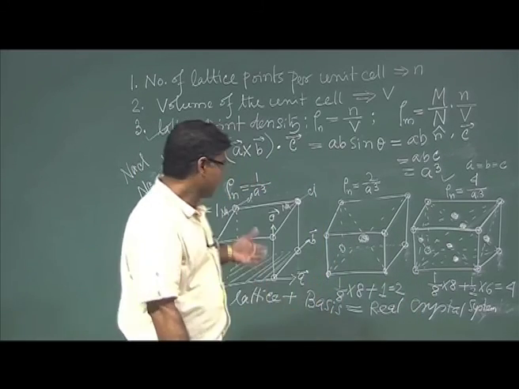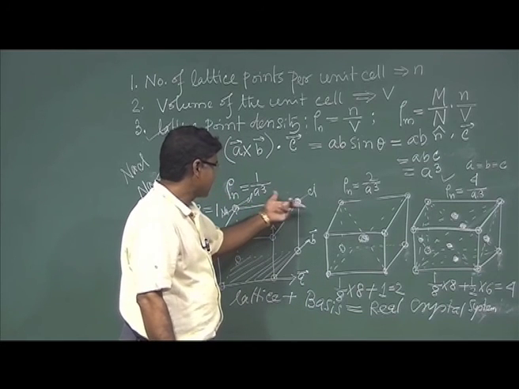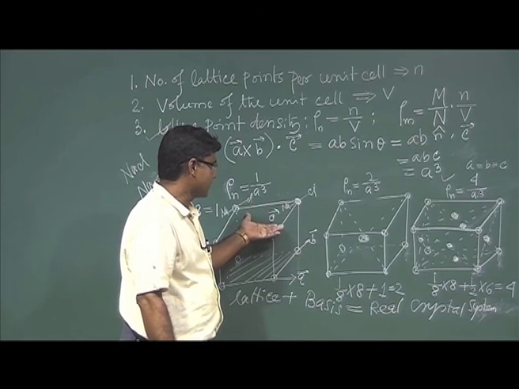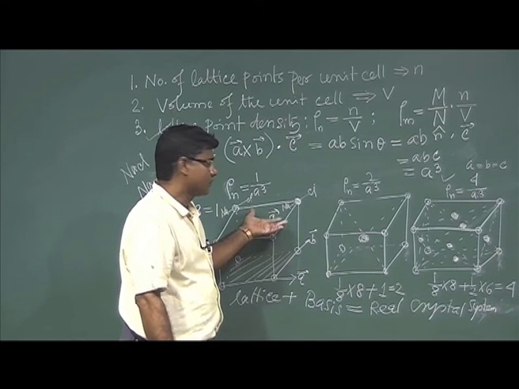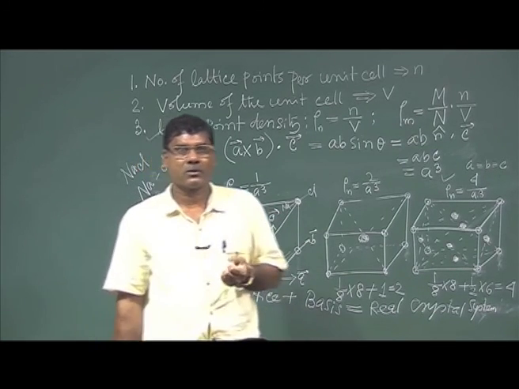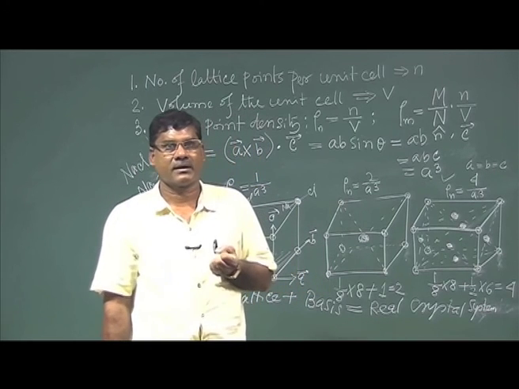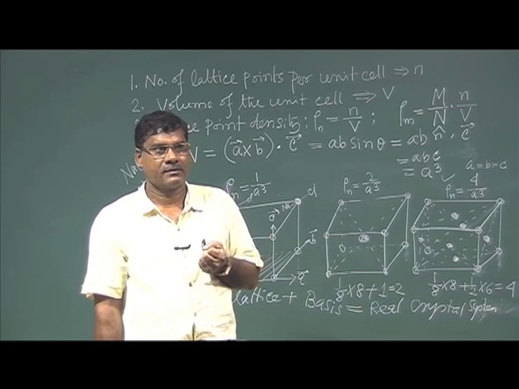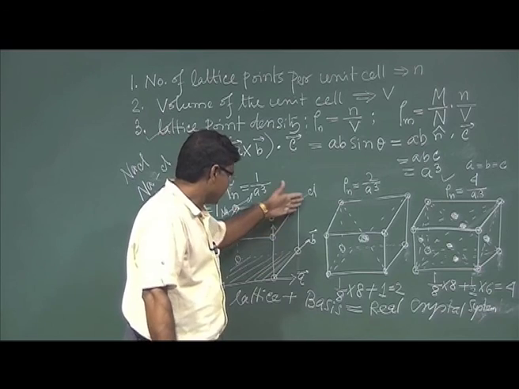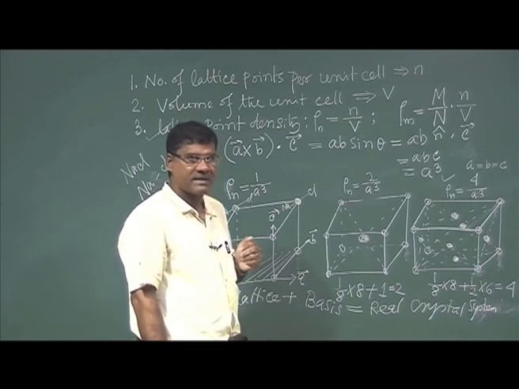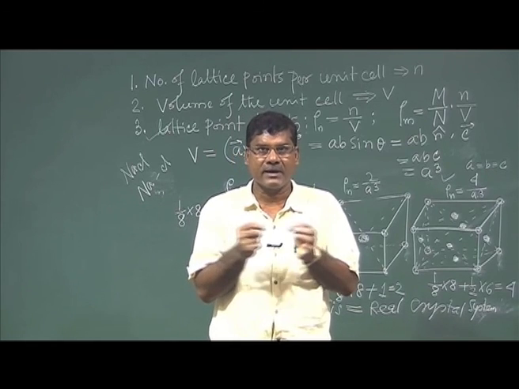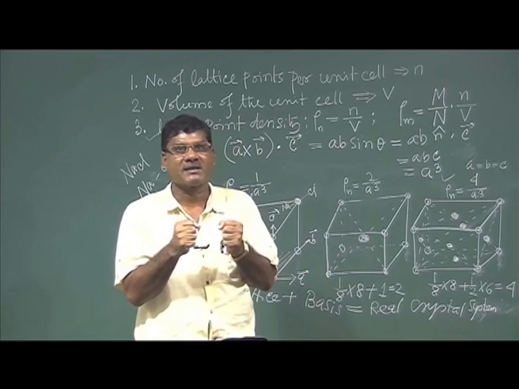Now in the real crystal structure, where these atoms or groups of atoms are present, to know the packing fraction we have to find out the radius of the atoms. We assume that along the smallest distance between the lattice points, these atoms will touch each other.